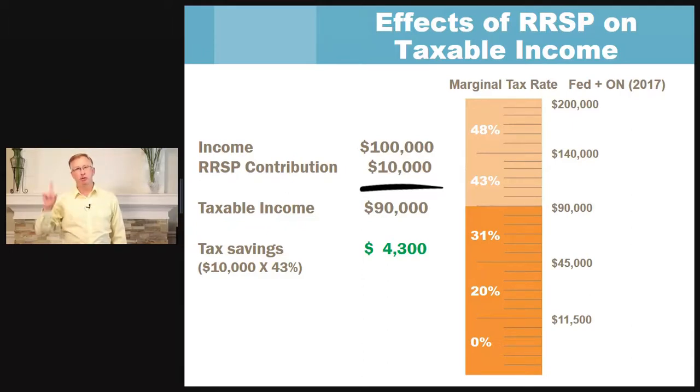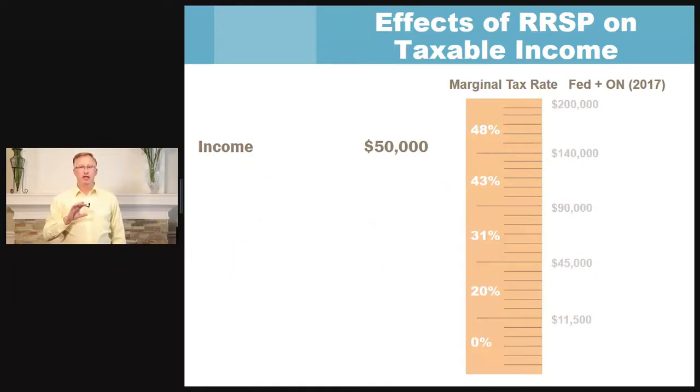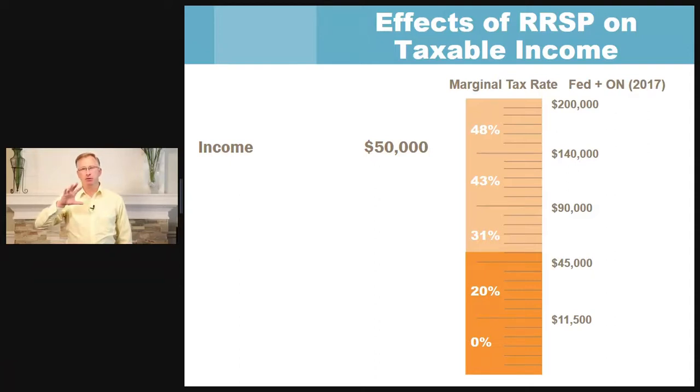So let's now move to when you take that same $10,000 out. Let's say now you're in retirement and you need a little bit more income. Your current income is from maybe a pension, maybe Canada Pension Plan or Old Age Security or something like that, and your taxable income is $50,000.